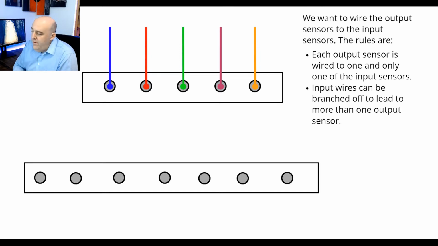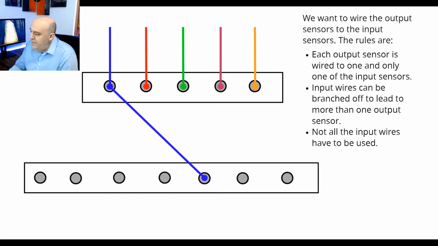And just to make it clear, you're allowed to branch off input sensor wires to more than one output sensor. That's allowed. And you're also allowed to not use an input sensor if you want. You could leave a wire to an input sensor and then not wire it up to an output sensor. So let me explain what I mean by that.